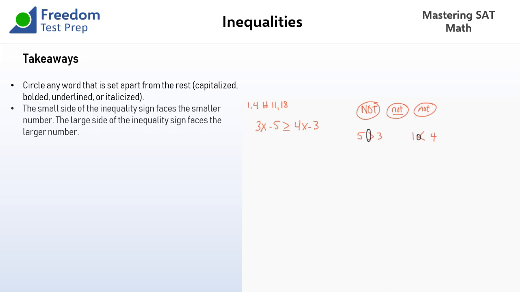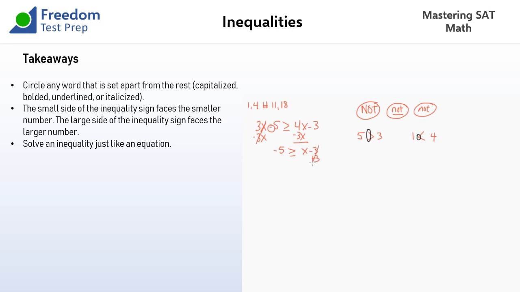All right, take that to heart. I'm moving on. We are going to treat the inequality just like it was a regular equation with an equal sign. We're going to get all the x's over to one side, so I'm subtracting out the 3x. And we get negative 5, remember to retain that sign, is greater than or equal to x minus 3.